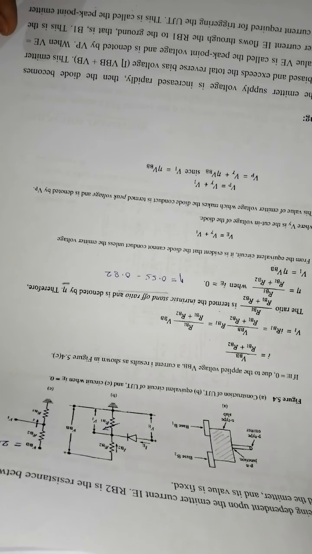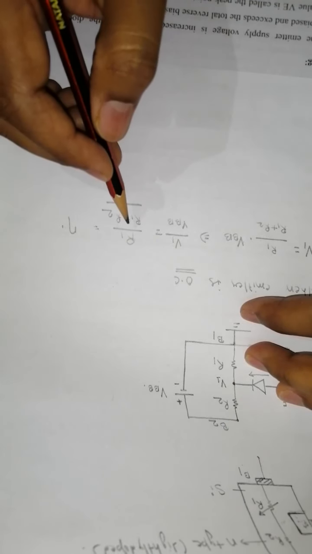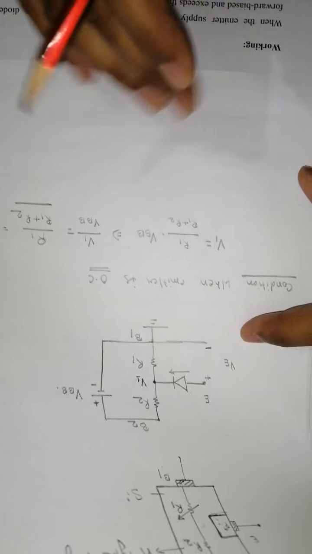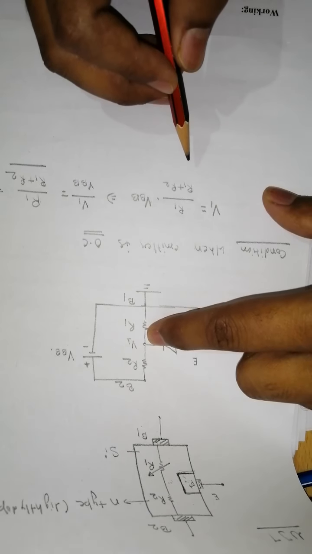So this is eta, the standoff ratio. Now we come to know the voltage V1.